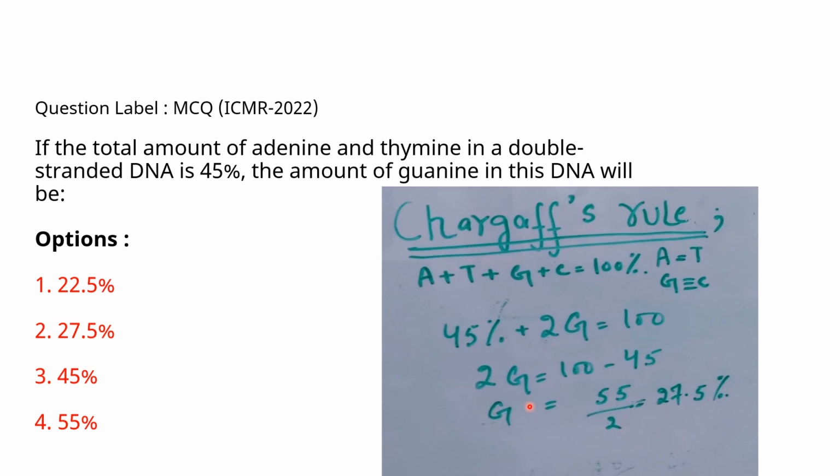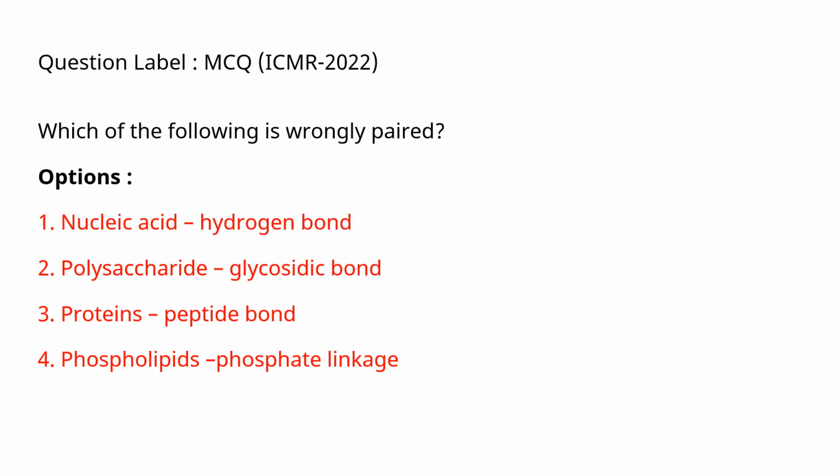Solving this equation, twice G equals 100 minus 45, and guanine equals 27.5%. So our answer here should be 27.5%, the second option. All of these questions have been linked to Chargaff's rule.